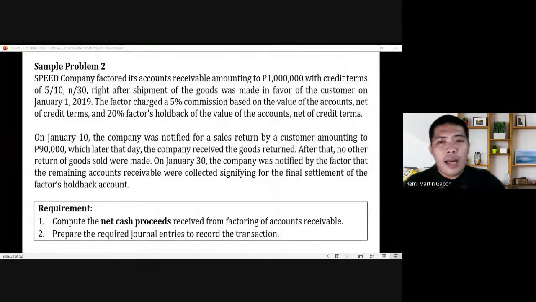Sige nga, kung naalala pa yung basic accounting. What does it mean by 5, 10, and 30?